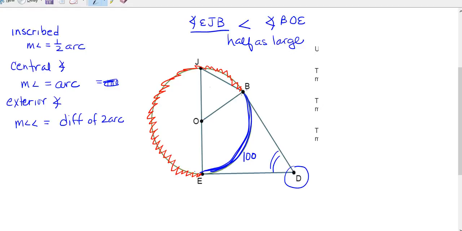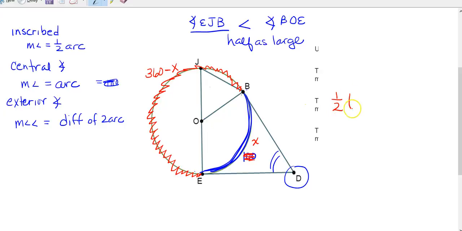Do you think it's equal to it? To find this arc we're going to take 360 minus x, correct? And this one let's just say is x.